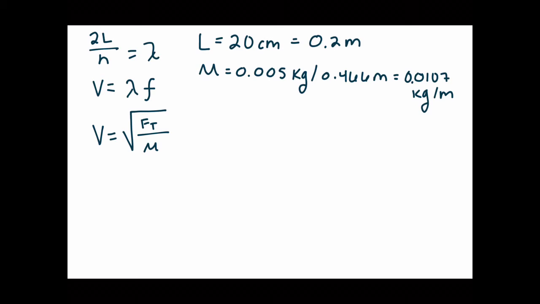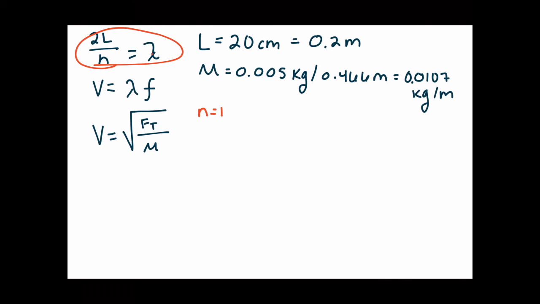So first, I'm going to use this formula here. I'm trying to calculate what force of tension my rubber band would need in order to get a fundamental frequency of 82 hertz. So if it's a fundamental frequency, we're going to be using n equals 1.